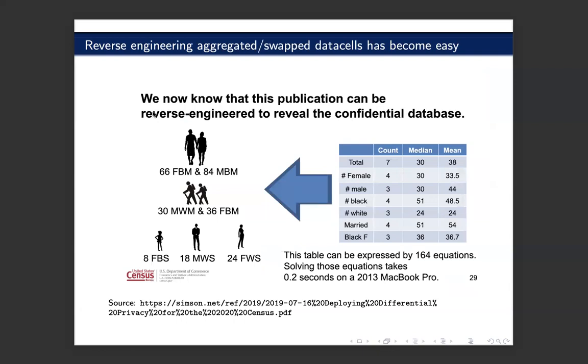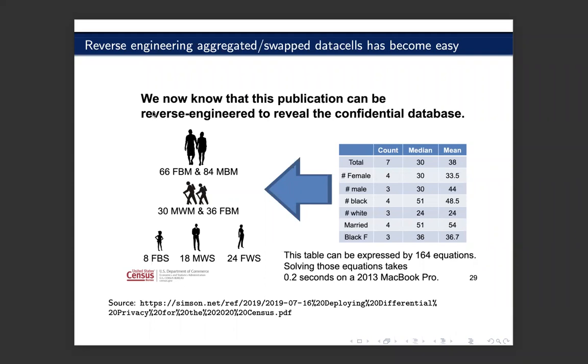So a few slides are taken from a presentation by US Census Bureau, and this is very interesting because this was the method of choice for the US Census Bureau in previous releases of their census, where they aggregated or swapped data cells with each other to protect the identity of the people when they wanted to release the census results. So, for example, instead of individually saying this household has this many people with this age and this kind of ethnic background or sex, they added them up and released the median of the age and mean of the age.